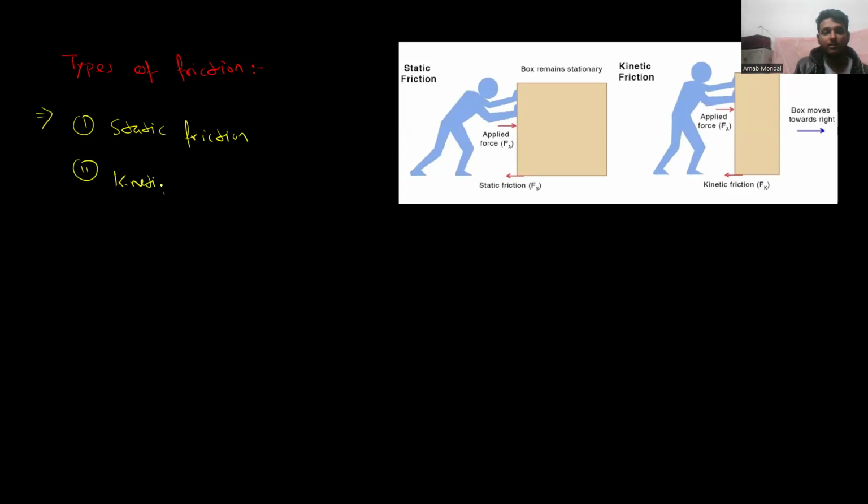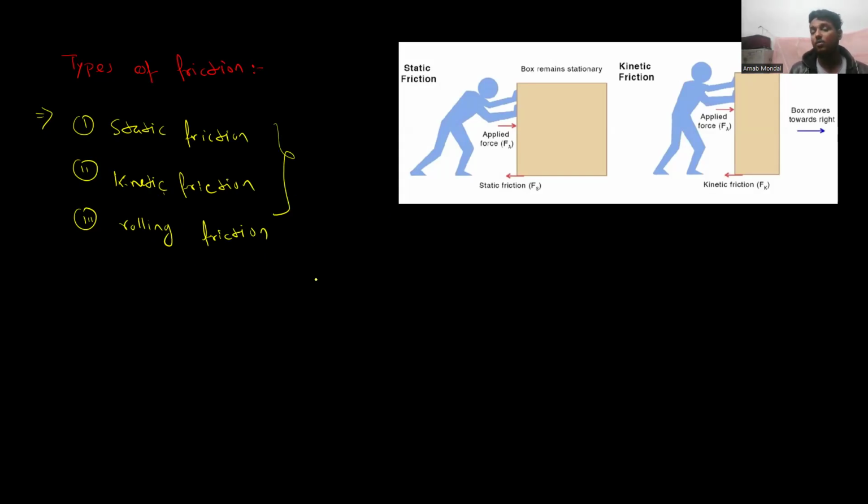It's the wrong spelling: kinetic friction. There is also a third type of friction called rolling friction. In our syllabus, there are only two types of friction, static friction and kinetic friction.